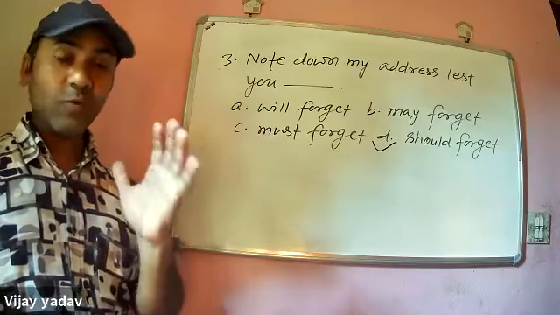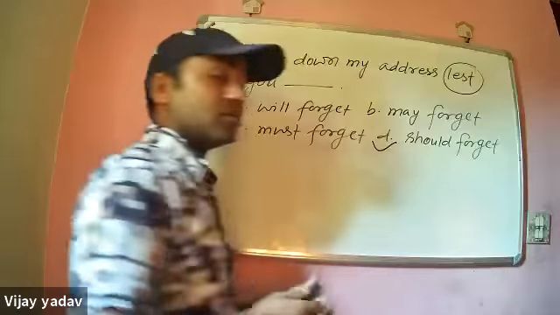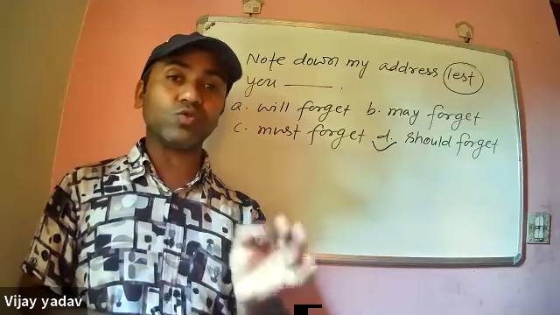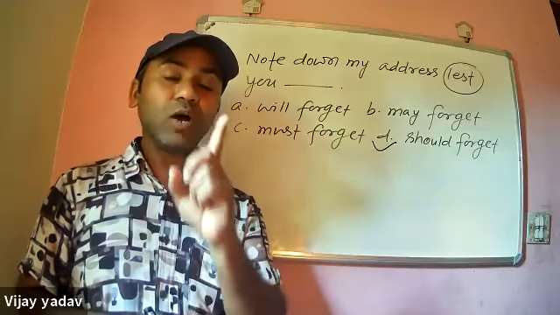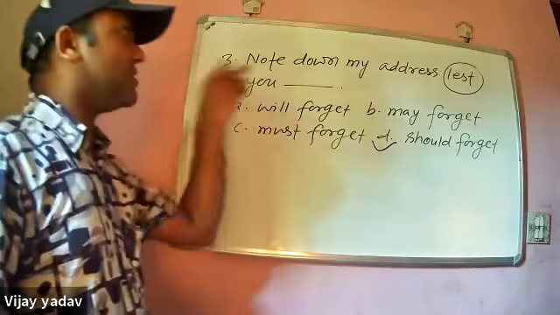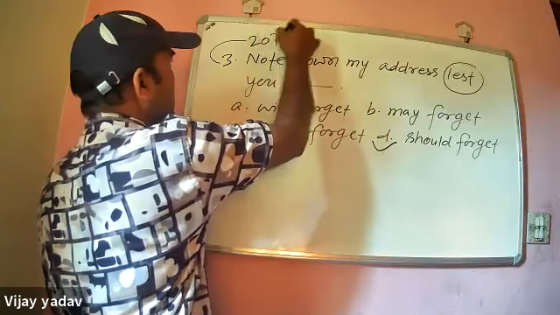So always remember, if two clauses are joined by lest, after lest we use should plus V1. Only should plus V1, nothing else. And this question was asked in 2076.